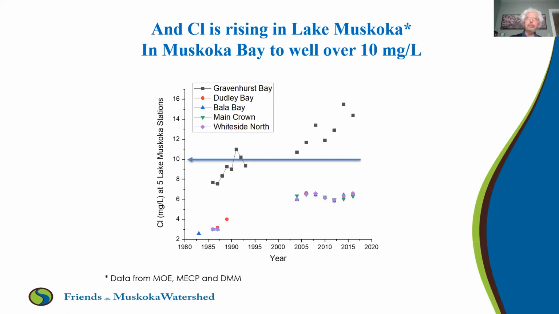If you look at Lake Muskoka, for example, and ask where's 10 milligrams per liter of chloride, you can see that in Muskoka Bay or Gravenhurst Bay, chloride levels have been rising and are now, according to the district's data, above this 10 milligram per liter threshold at which water fleas that eat the algae start having trouble.